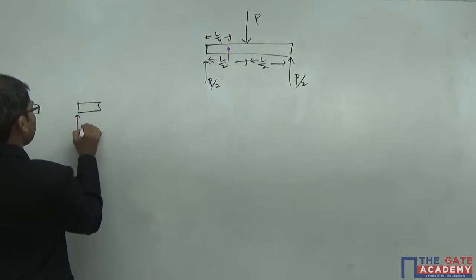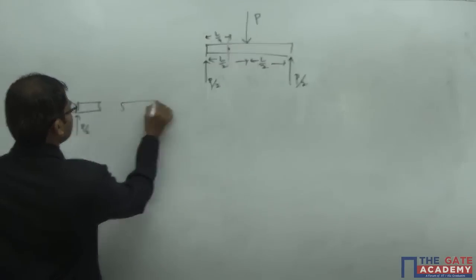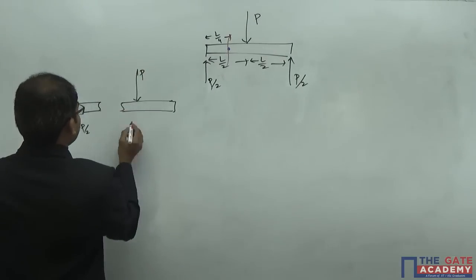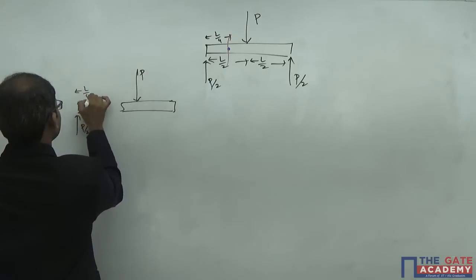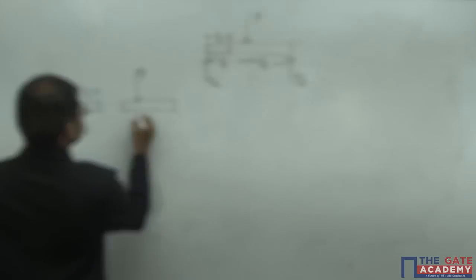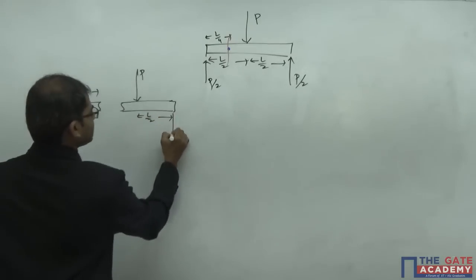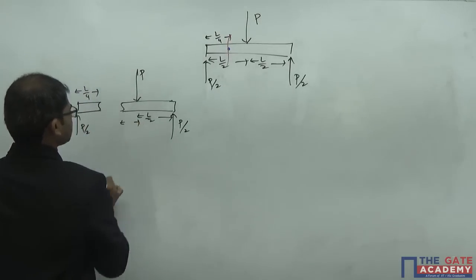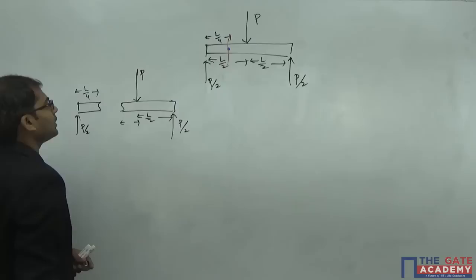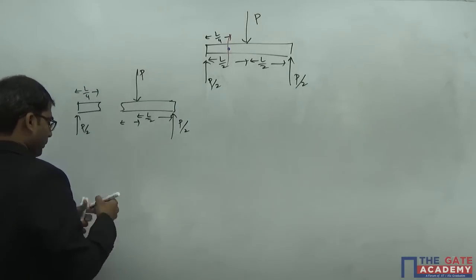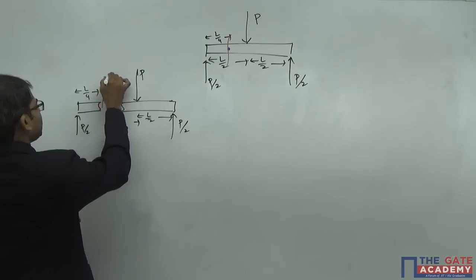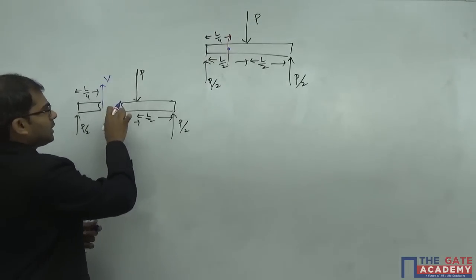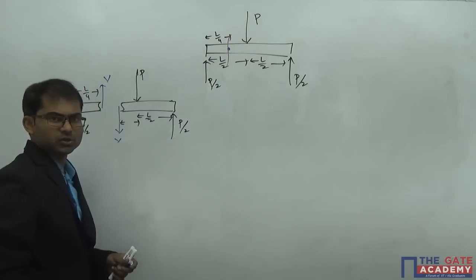So here I will be having P by 2 and here I will be having the remaining part. So load is P here and this distance is given by L by 4. This is L by 2 and this is P by 2, and so you can evaluate the length of this part also. Here the induced value of the shear force can be taken upward. So here the reaction force must be there. Both must be cancelling out because the net force at this section is equal to 0.